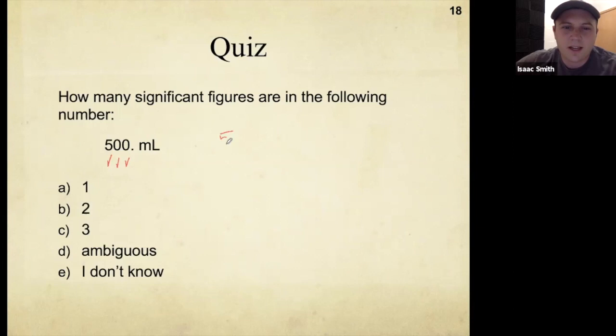Because if I just write 500 milliliters, as written, all this has is one significant figure, okay? One significant figure.